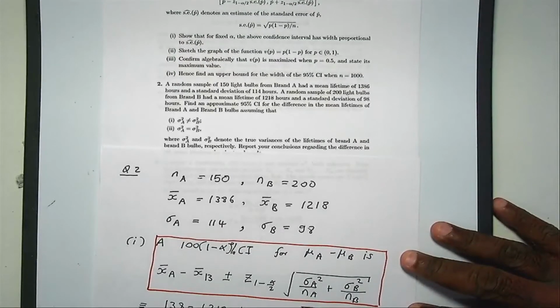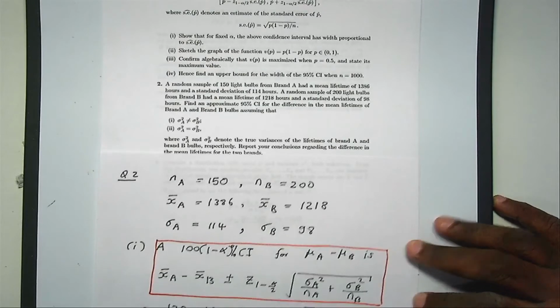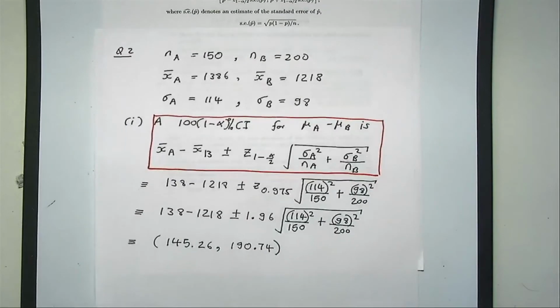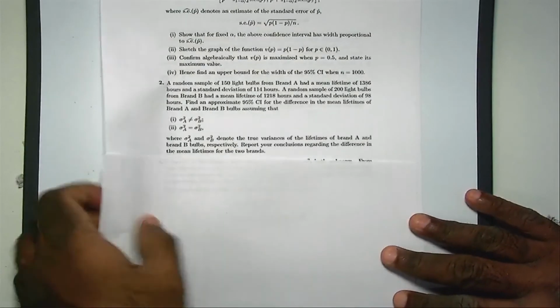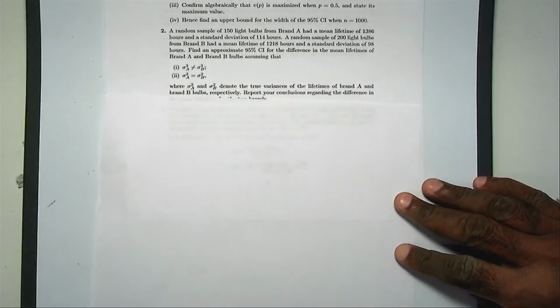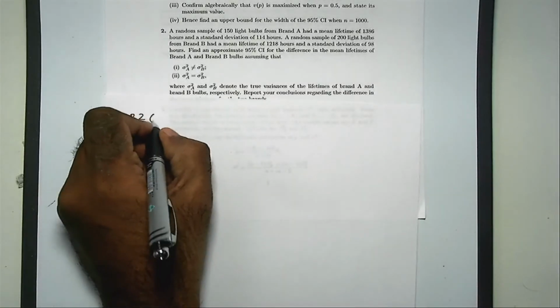Now to do part 2, we need to assume that the variances are equal, right? Alright, so in this case we need to use a different formula that we learned in the course, right? I will write it down in a second. When the variances are equal, or assumed to be equal, so this is question 2, part 2.